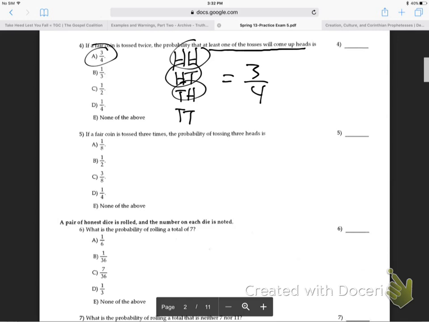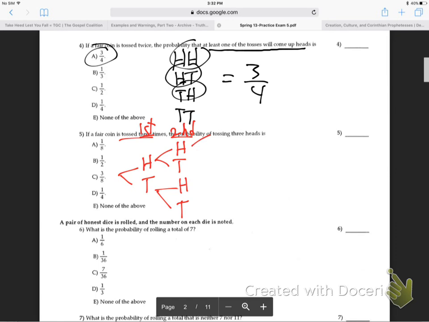And now part number 5, you're tossing the coin 3 times. We actually did that as well. So that's heads or tails the first time on the first flip. The second flip is heads or tails.